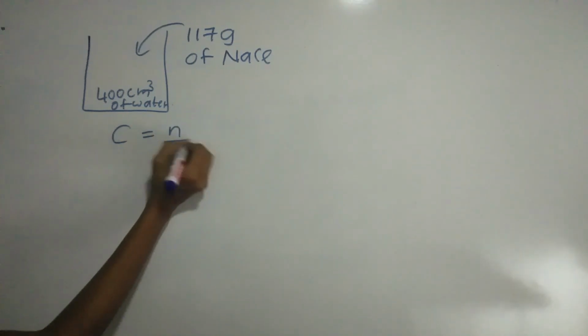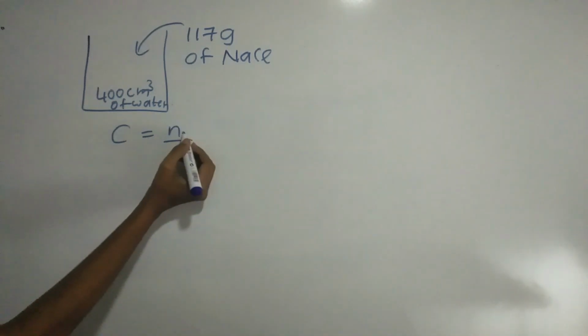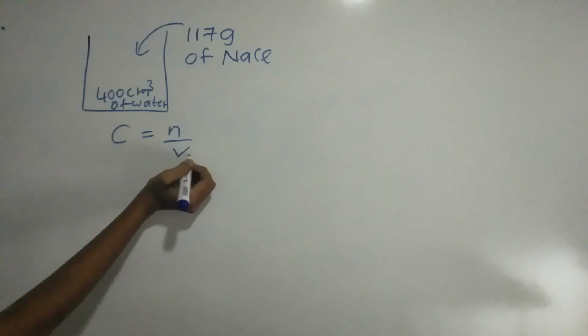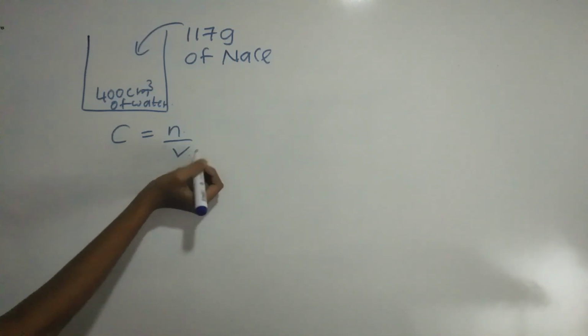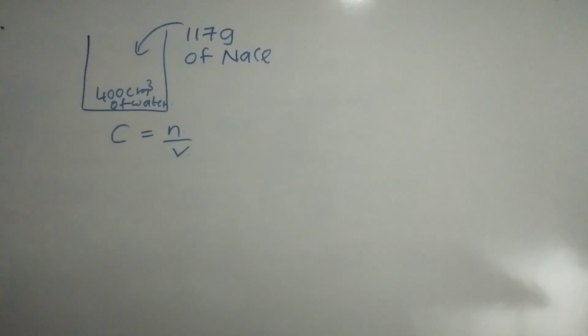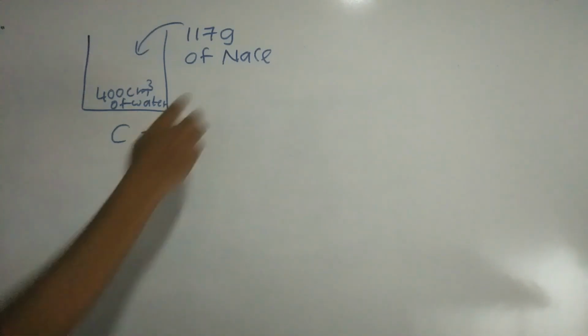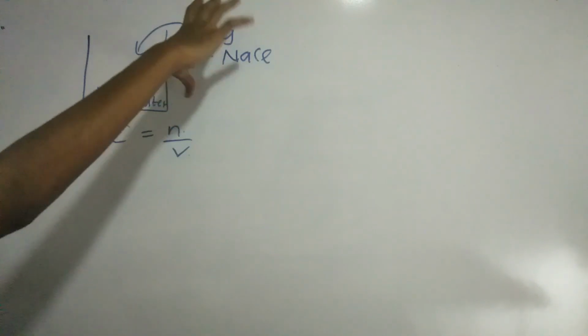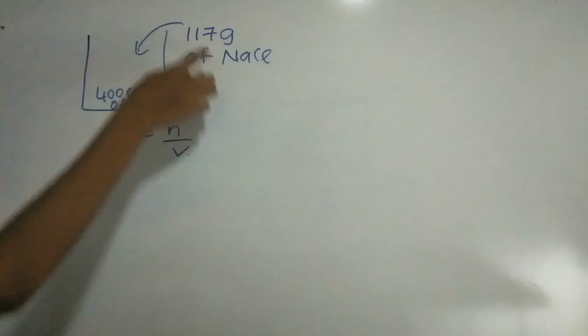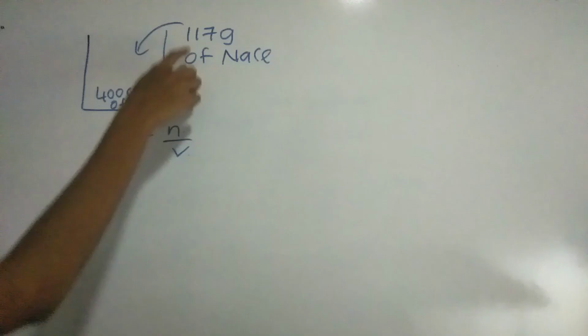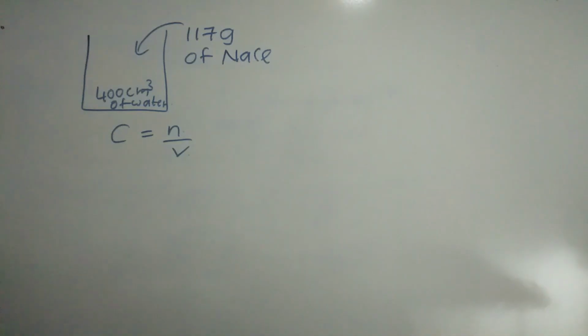To find the concentration, we should know the number of moles and the volume. This volume we should know in decimeter cube. Now they haven't given us the number of moles of NaCl, but they have given us the mass of NaCl.